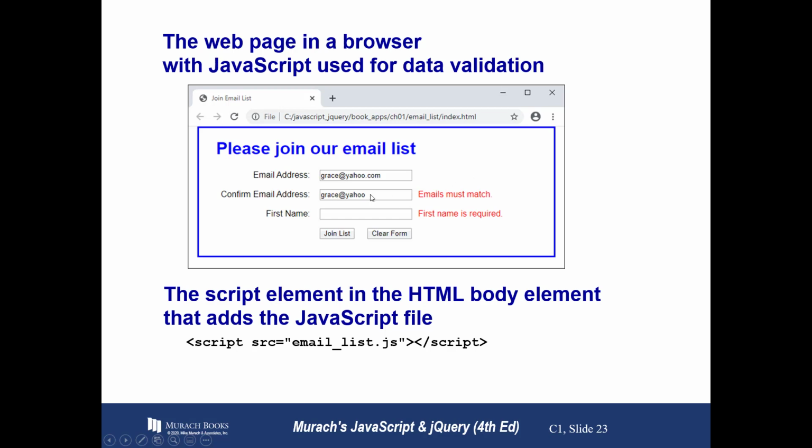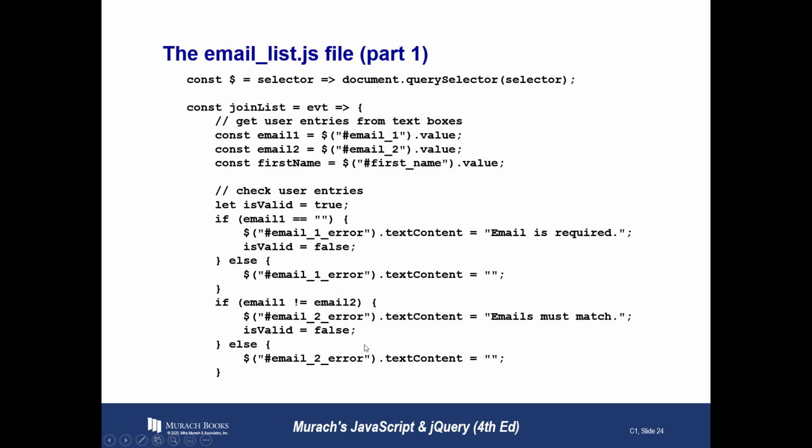If in here we had left it blank, it would have said confirm email address is required. You'll notice we put grace@yahoo.com here and just grace@yahoo here, so we get a different message: emails must match. Since we left the first name blank, we get first name is required. All the code to do that is going to be in the email.js file.